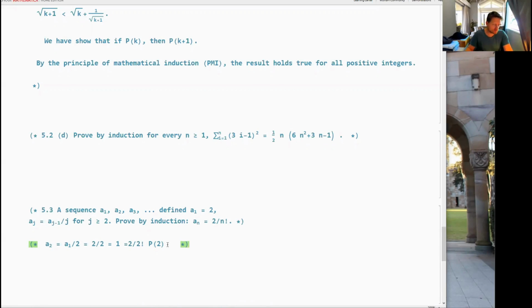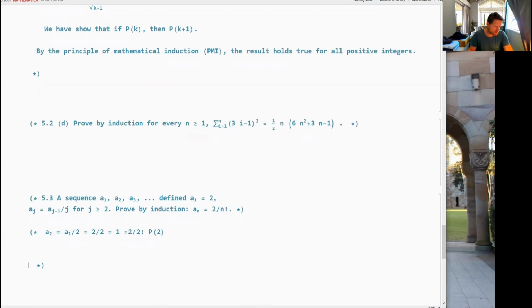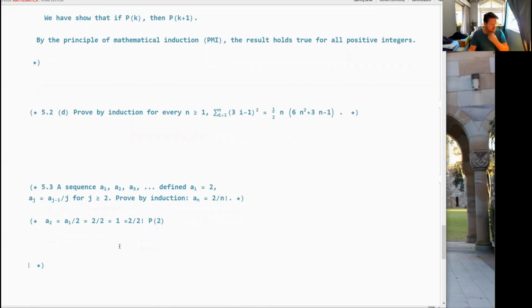Okay, good. So continuing on, now we need to make the induction hypothesis. So that would just be to assume that a subscript k is equal to 2 divided by k factorial. Okay, good. Now, how do we use the induction hypothesis?